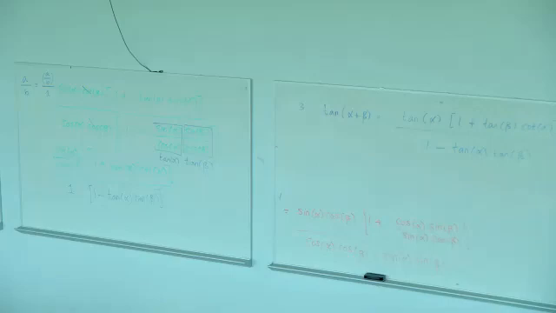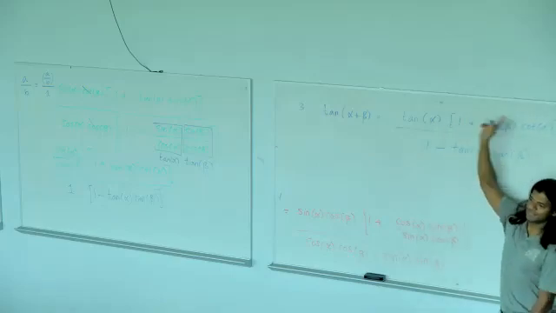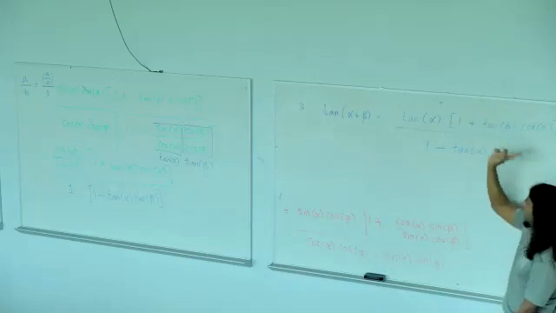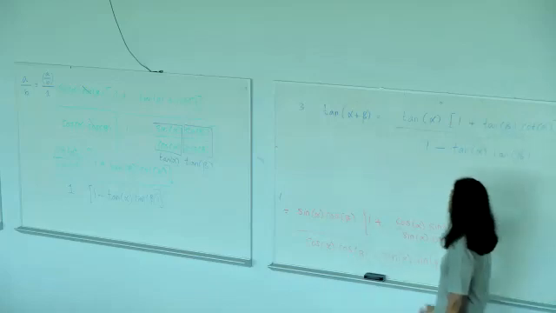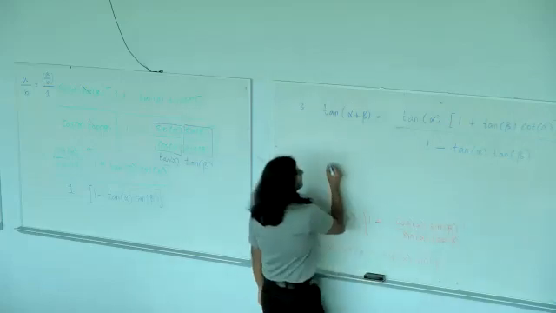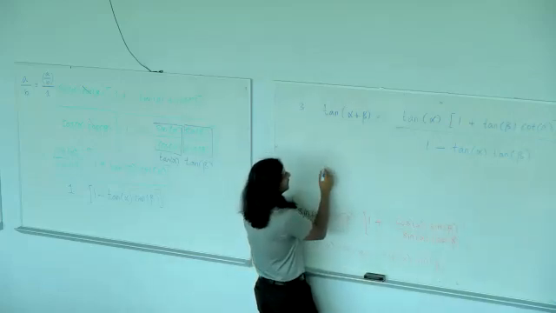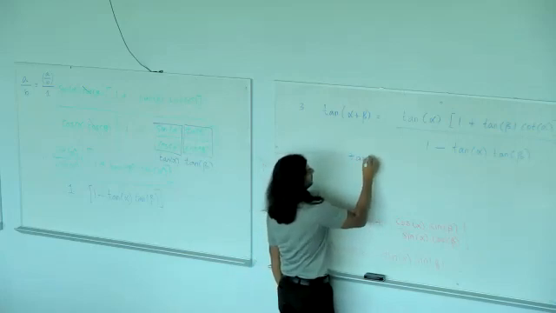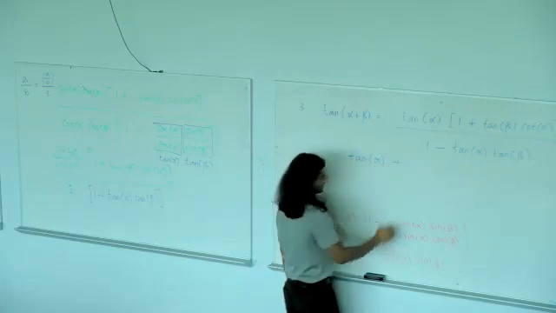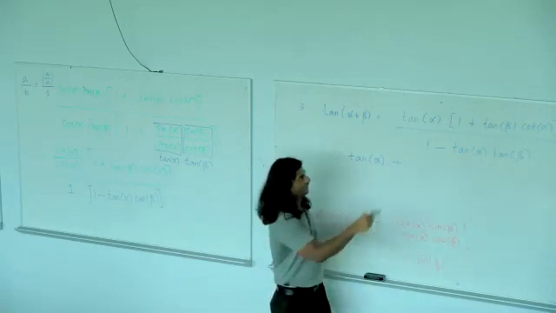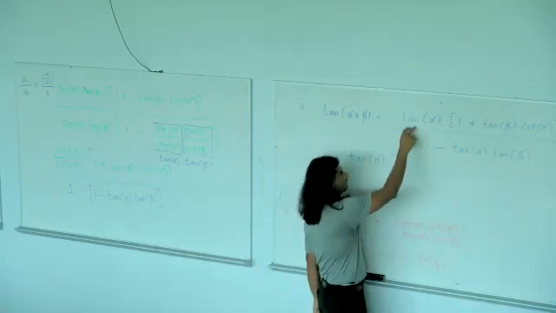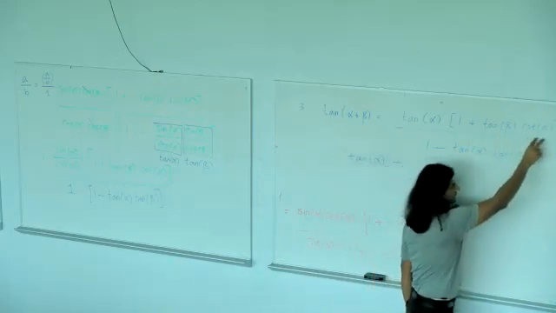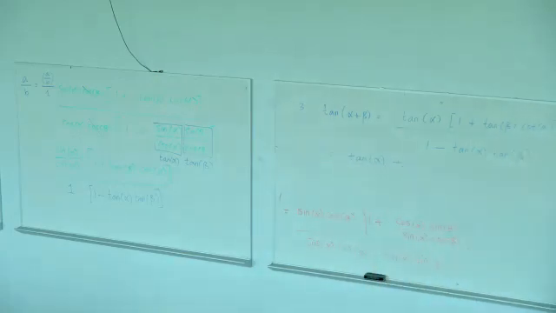Almost done. I'm going to distribute tangent alpha inside the square brackets. Tangent alpha times 1 is tangent alpha, plus, what will you get if you multiply tangent alpha by tangent beta cotangent alpha?